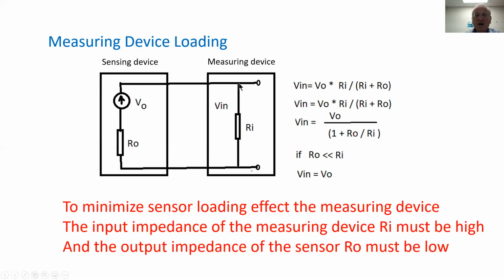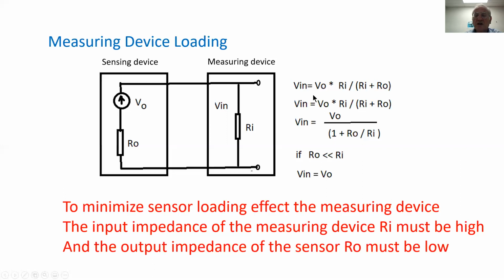If we look at the configuration here, we see two resistors connected together. This is like a voltage divider, where the voltage here equals the voltage at the sensing device times the resistance of the measuring device divided by the summation of these two resistances.